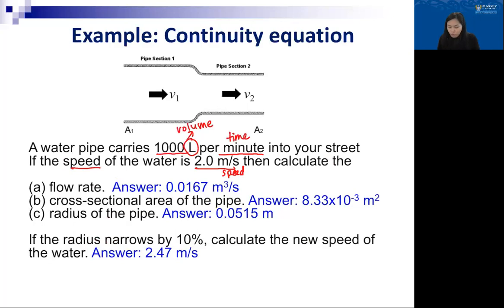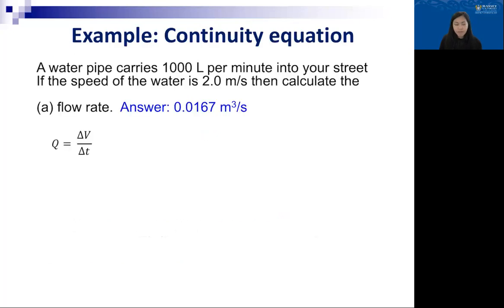All right, so flow rate. The basic definition of flow rate is the volume of fluid that crosses at a given time. So that will be volume divided by time.